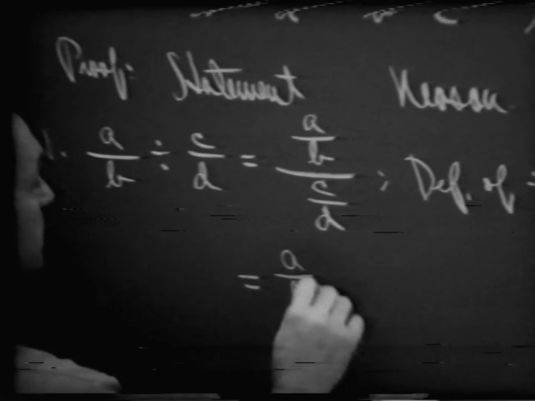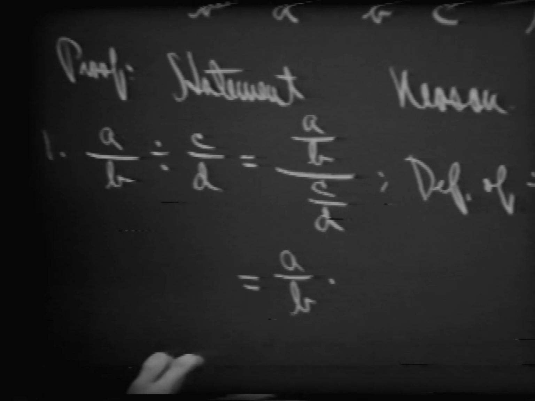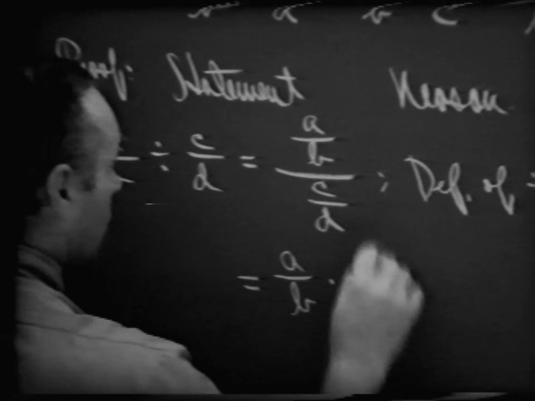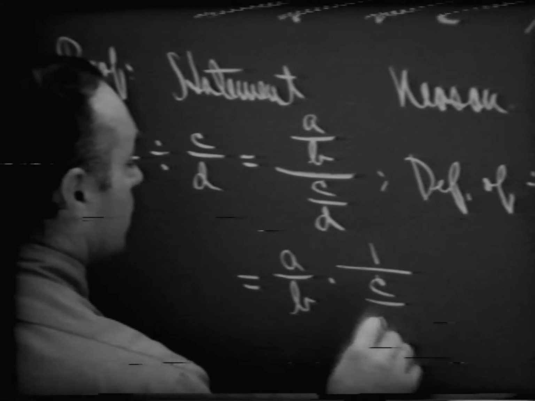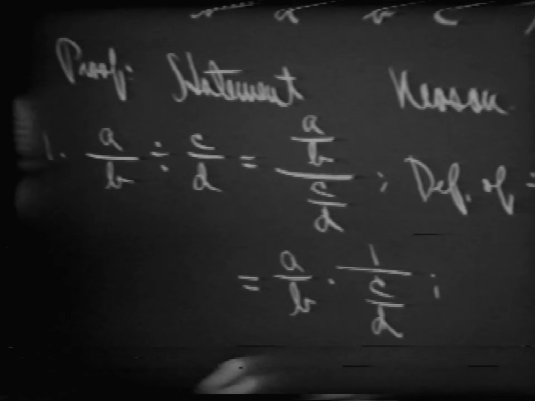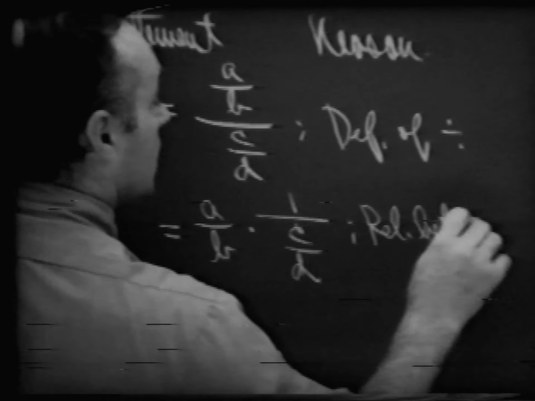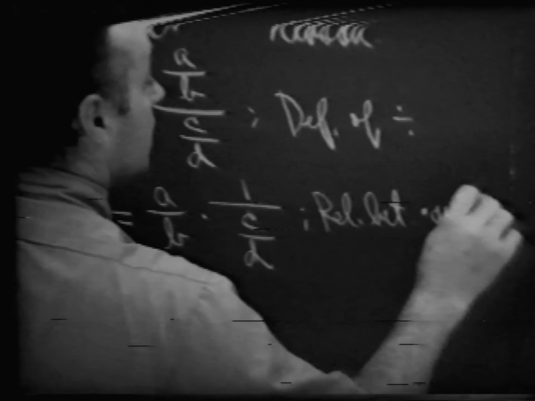Let's look at it as A over B times, what would it be? Times 1 over C over D. And our reason for this is simply what? This is our relationship between multiplication and division.